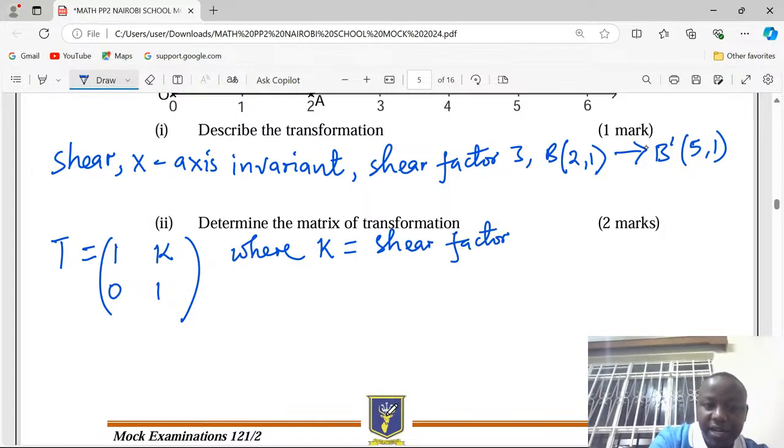And now that the shear factor is known, the specific transformation matrix can be written as 1, 3, 0, 1.